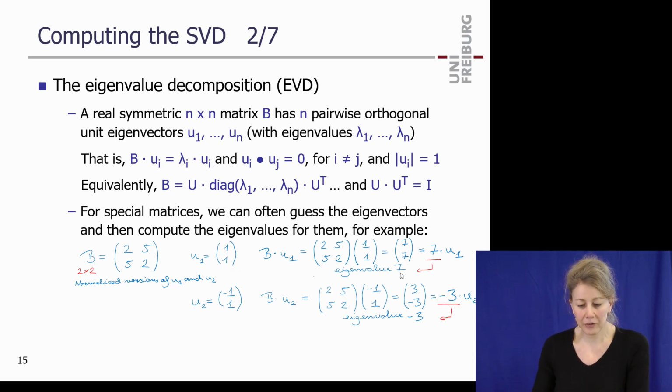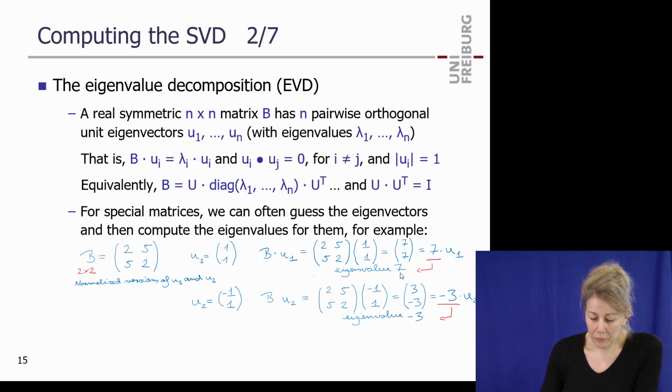What's the normalized version, L2 normalized, of u1? So let me write it like this. I think it's 1 over square root of 2 times (1, 1).